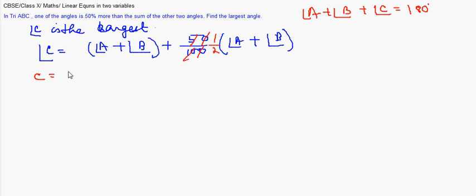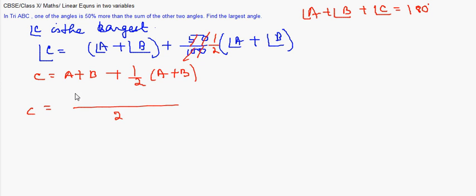This will be A plus B plus half of A plus B. So C is equal to, if I take LCM of it, a 2 here, A plus B plus A plus B.